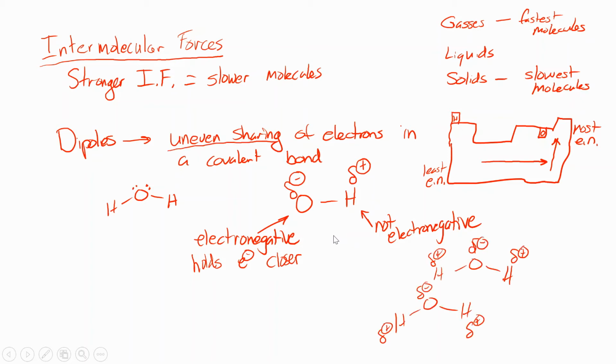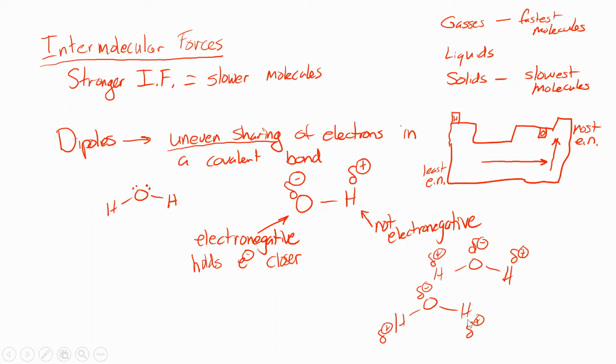Okay, so what happens if we have more than one water molecule, right? Each water molecule is going to have these delta minus, delta plus, delta plus. All the hydrogens will be partial positives, all the oxygens will be partial negatives. And of course, if you have a partial negative in the vicinity of a partial positive, they're going to attract each other because opposite charges attract.